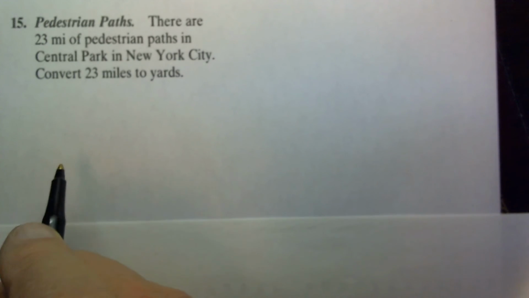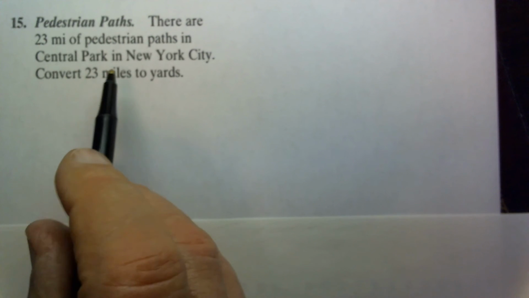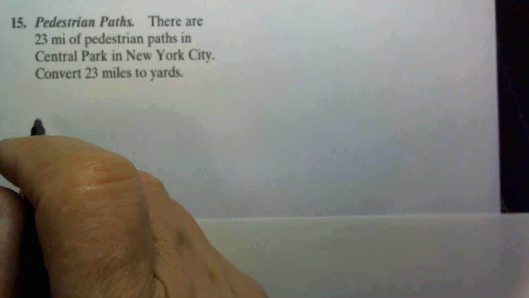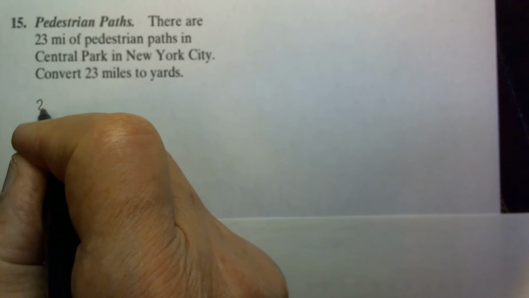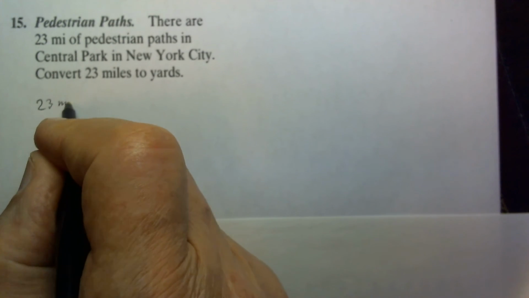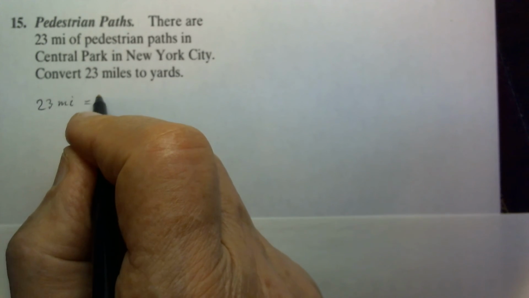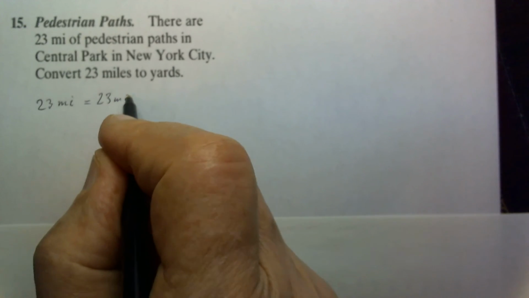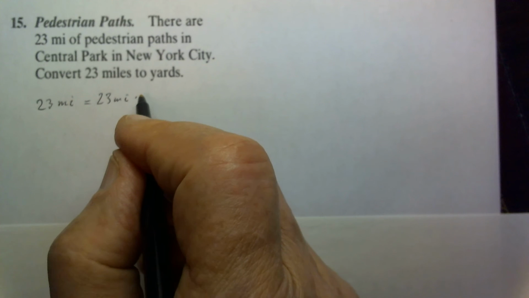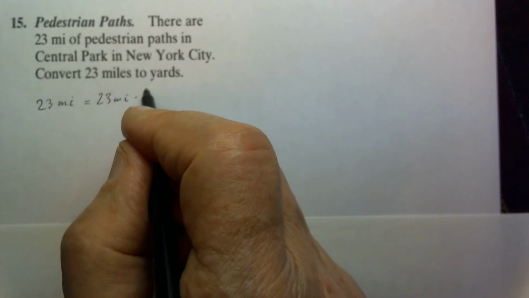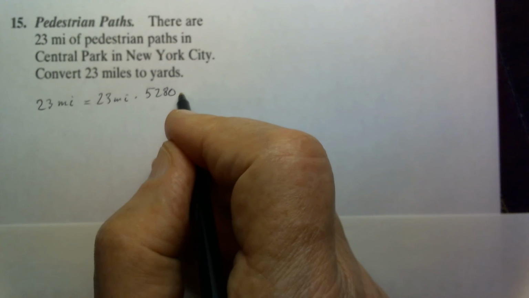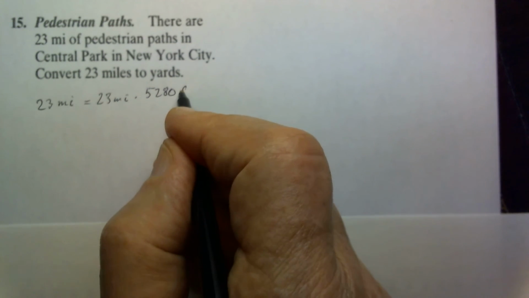In number 15, we are to convert 23 miles of pedestrian path to yards. We can write 23 miles equals 23 miles times 5,280 feet per mile.